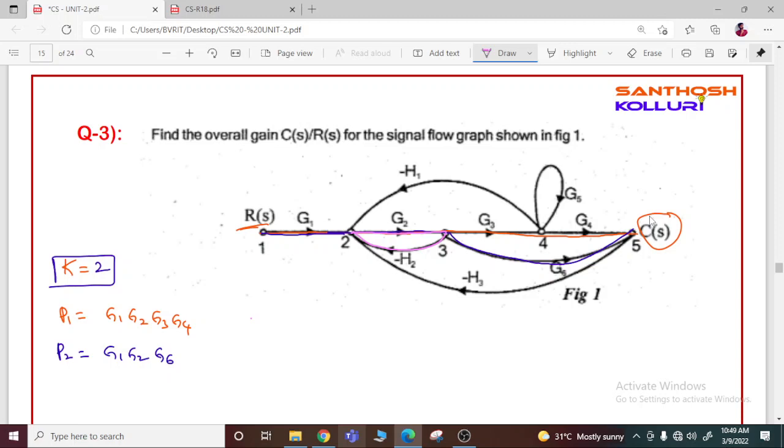So this is the first loop. I can write P11 which is equal to minus G2 into H2, and the second loop is there here, G5, P21 is equal to G5, and there is another loop here, P31 is equal to G2, G3 into H1.